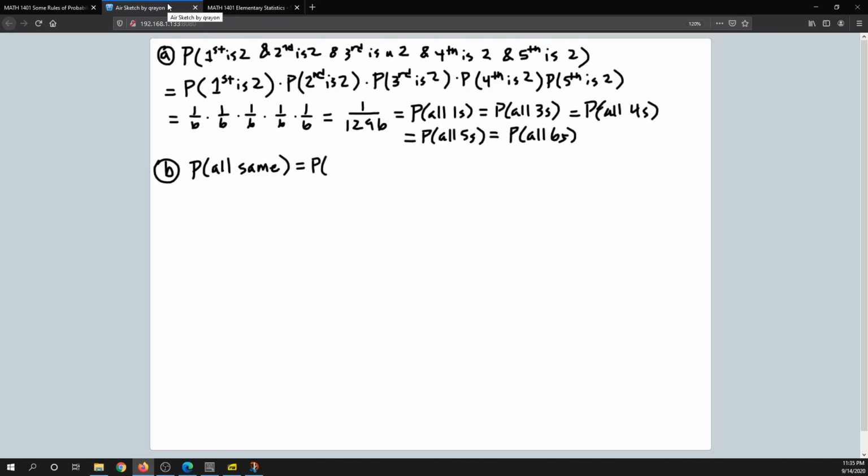And so what we'll have to do is write that in terms of some other events using ands and ors. So what that would be is the probability that we get all ones or all twos, or all threes or all fours or all fives.